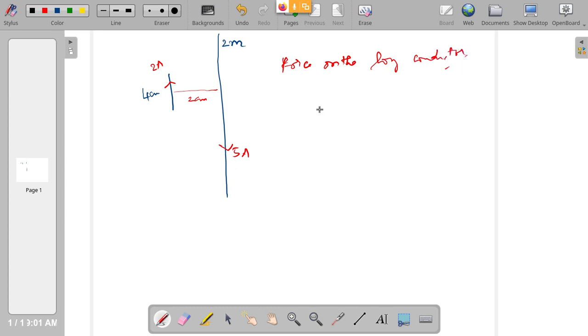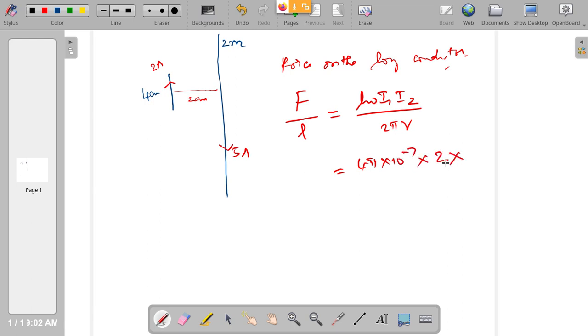We have a formula for force per unit length. Force between two conductors per unit length of the conductor is equal to mu naught I1 I2 divided by 2 pi r. This is the formula. So here mu naught is 4 pi into 10 power minus 7, into current 2 amperes in one conductor, current in another conductor 5 ampere, divided by 2 pi into r, the distance between the two conductors, which is 2 centimeters.